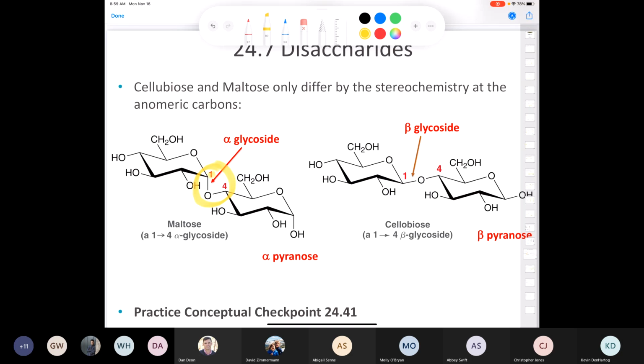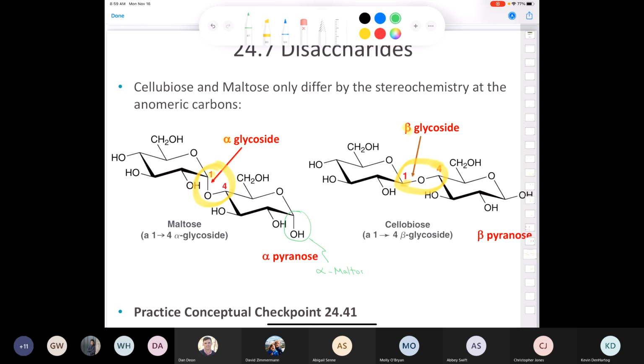bond coming off of carbon 1 is pointing down. And cellobiose is a beta glycoside because the bond coming off of the anomeric carbon to form the glycoside is pointing up. So cellobiose is always going to have this linkage, and maltose will always have that linkage. Again, what's drawn here on the slide, since this hydroxyl is pointing down, is alpha maltose.